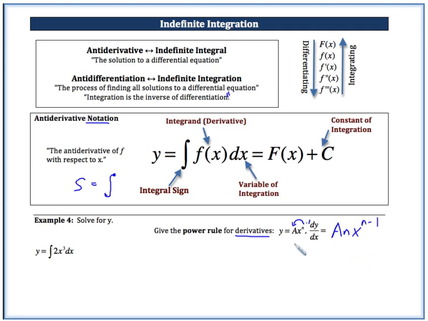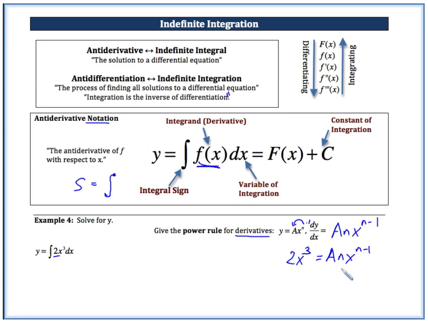Now, what we need to do in this case is realize that this is the derivative. Okay, so we have 2x cubed. We're going to set that equal to our power rule formula for the derivative. So this is the derivative, this is the derivative.